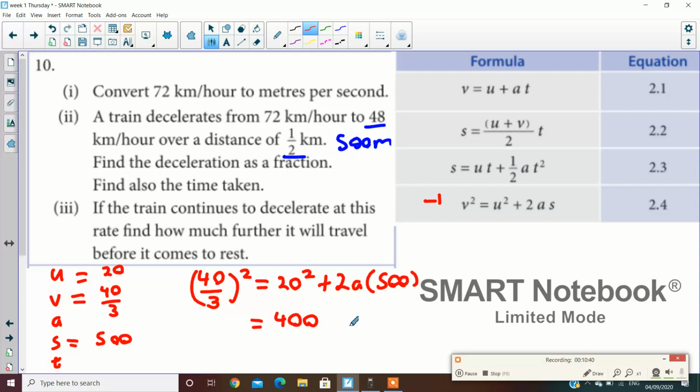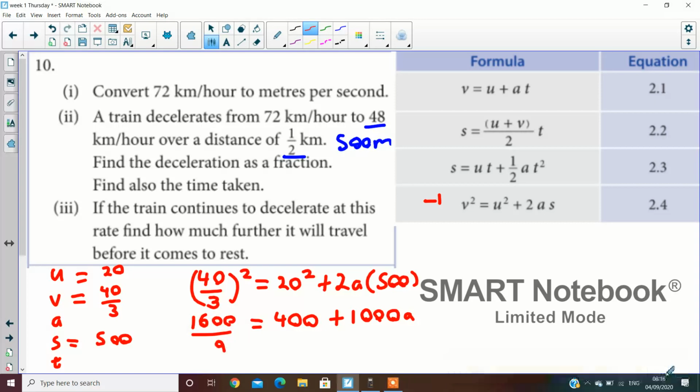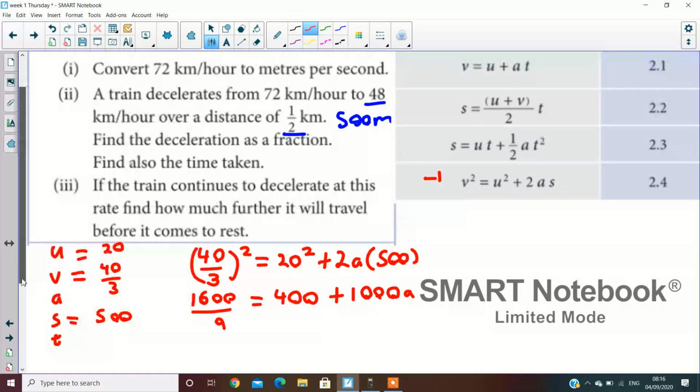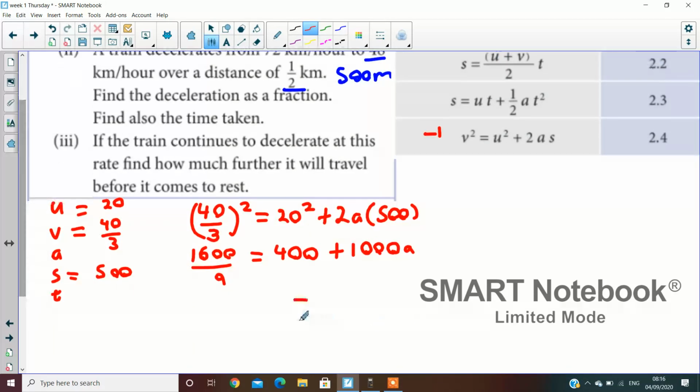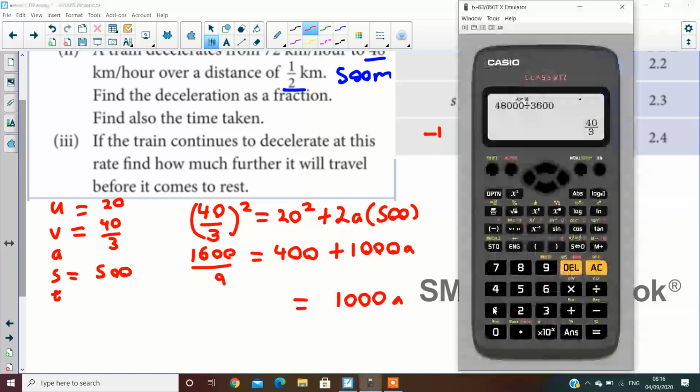If you hear me coughing, by the way, I got tested. Now, 1000a is 1600 take away 400.